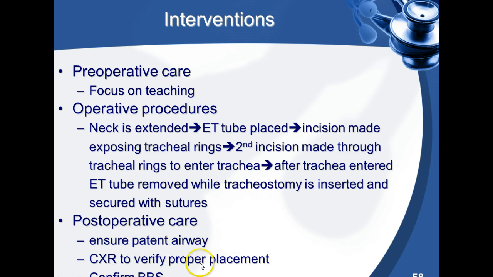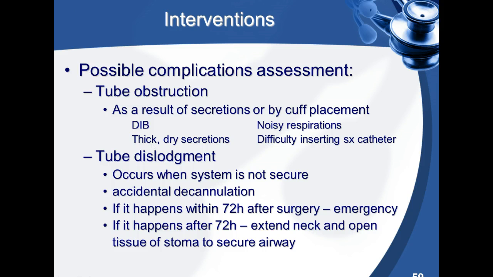Post-operative care: ensure patent airway, chest x-ray to verify proper placement, and confirm breath sounds. Possible complications to assess: tube obstruction, which basically means they can't get any air out, and it may be due to thick, dry secretions, noisy respiration, or difficulty inserting the catheter. Tube dislodgement occurs when the system is not secure.